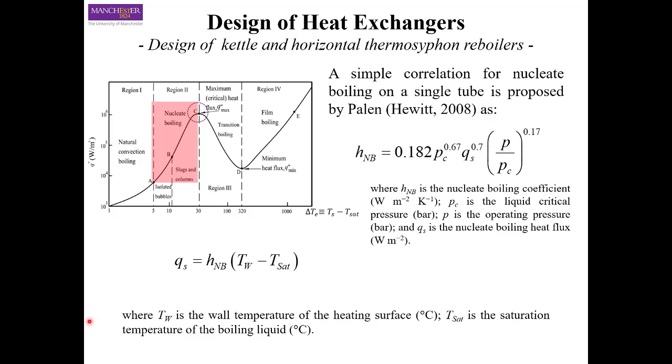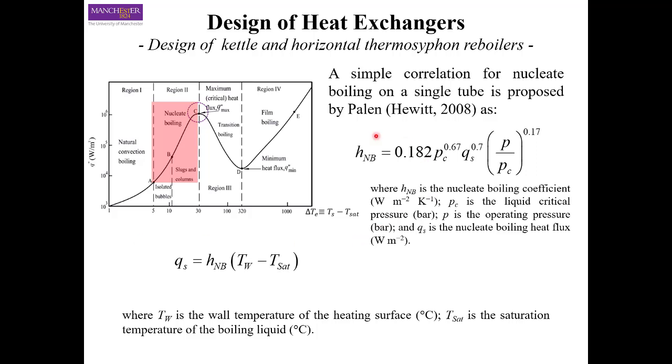One of the simplest correlations that we use for nucleate boiling for a single tube was proposed by Palen. The Palen equation gives us an empirical correlation between the heat transfer coefficient, the boiling heat flux, and the properties of the boiling liquid and the surface that is being heated.